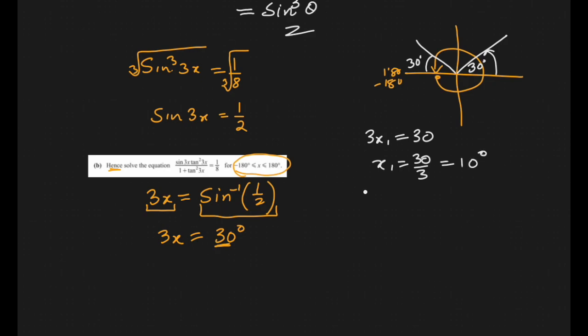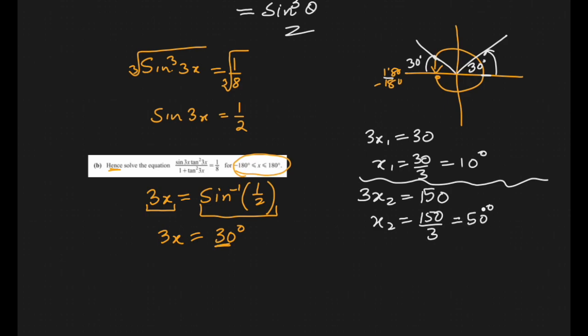Okay. Now second answer, 3x2 will be starting from here and reaching to this line, which is 180 minus 30, 150. And x2 will be 150 divided by 3, which is 50 degrees. So 10 and 50 both lie in our domain. That's okay.